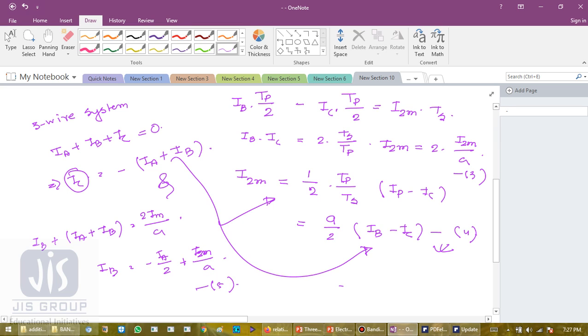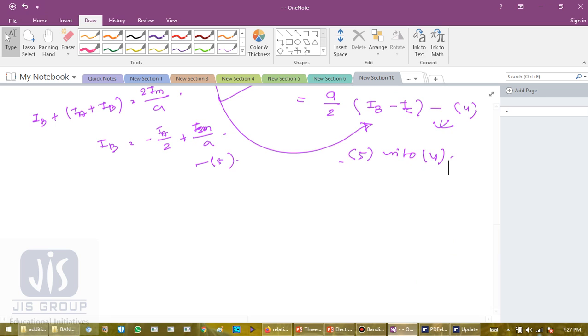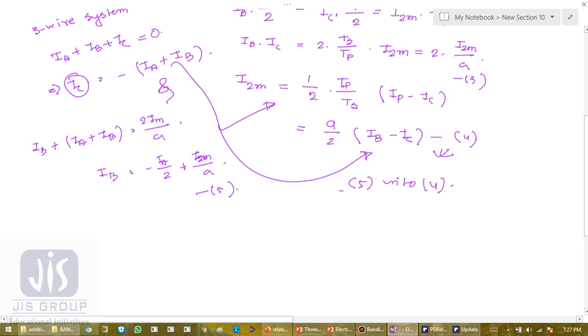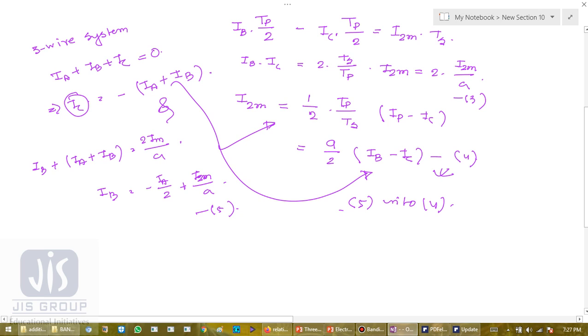So we substitute the value of IB, equation 5, into equation 6, where IC equals minus IA minus IB.